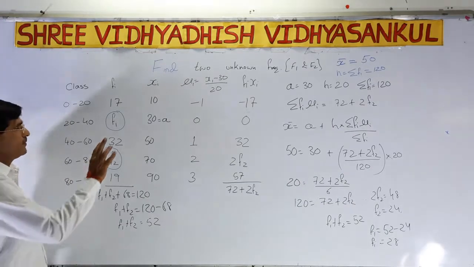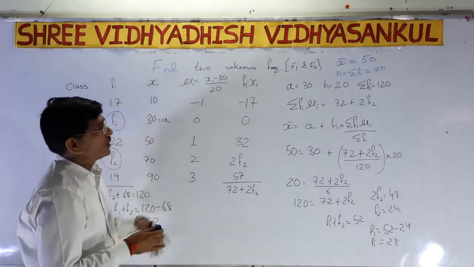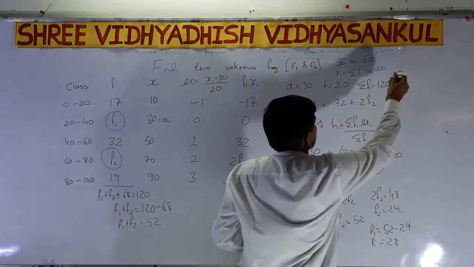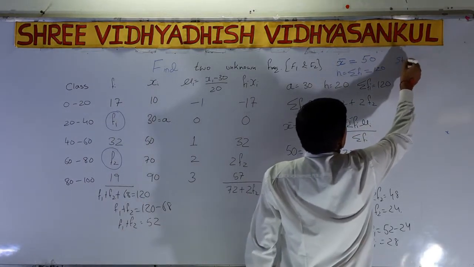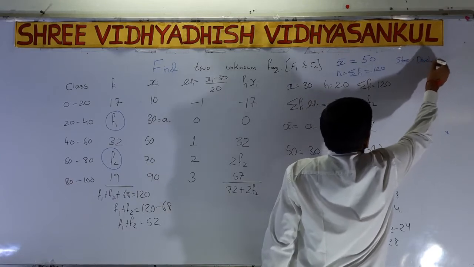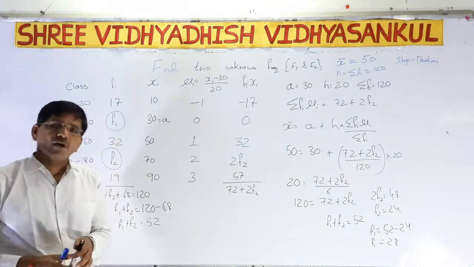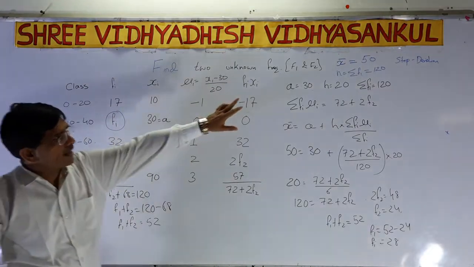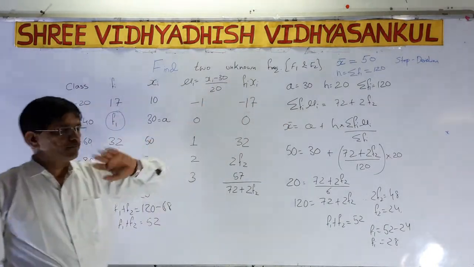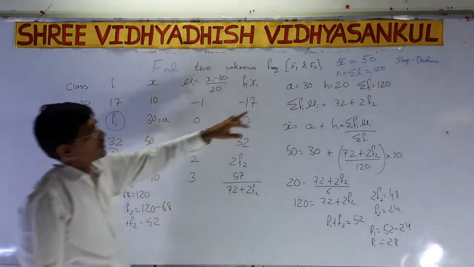Now second step. Always do the unknown frequency by the step deviation method. When we have to find two unknown frequencies, always do it by the step deviation method. So class, frequency, and total frequency is given.